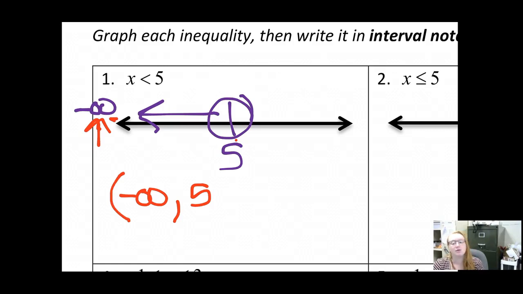Parentheses always go with infinities because if you know what infinity equals, you deserve a Nobel Prize. And so if you know that, tell me. I'd love to steal your idea. I'd love to go get the money. But I highly doubt that that's going to happen in our lifetime. So we put parentheses on 5 as well because it is an open dot. Okay.